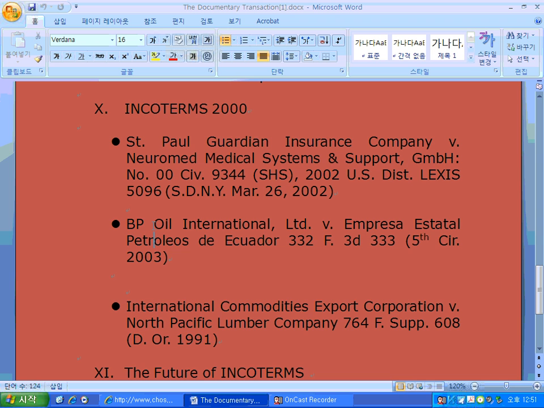It incorporates Incoterms through Article 9.2, which incorporates usages into the contract that the parties knew or ought to have known, and which in international trade is widely known and regularly observed by parties to contracts of the type involved in the particular trade concept. So the commercial custom has the same controversy as the last case.